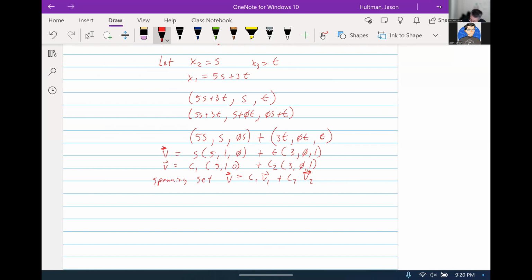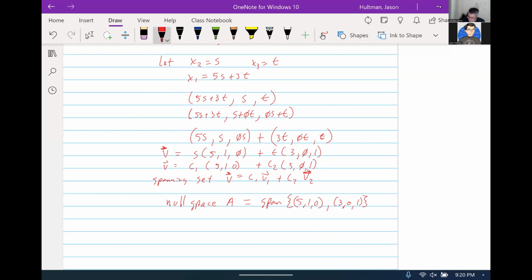And so then the null space of A is equal to the span of these two vectors. It's the span, we'll put these in braces, the span of 5, 1, 0 and 3, 0, 1.